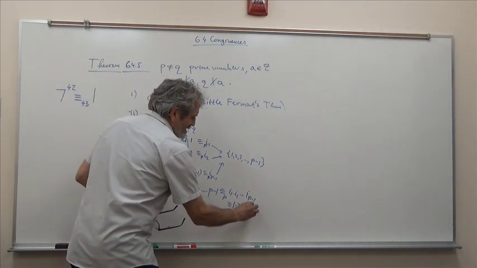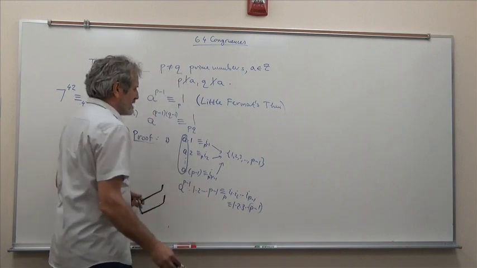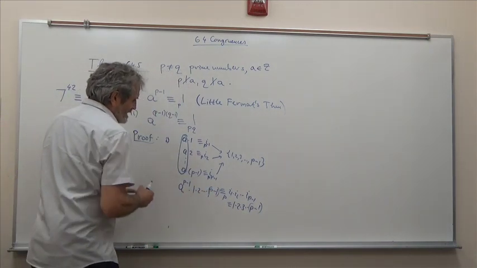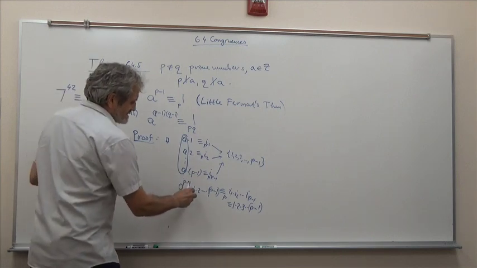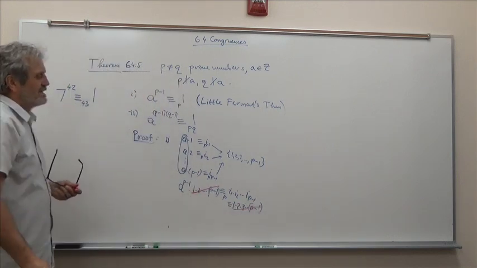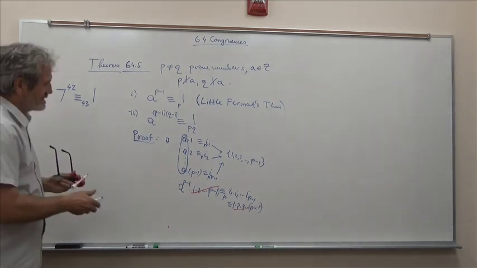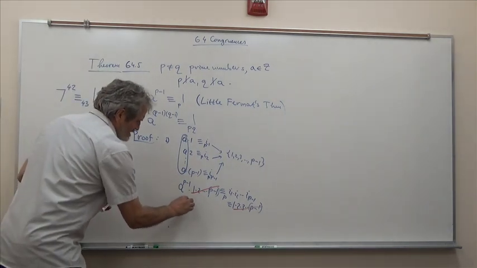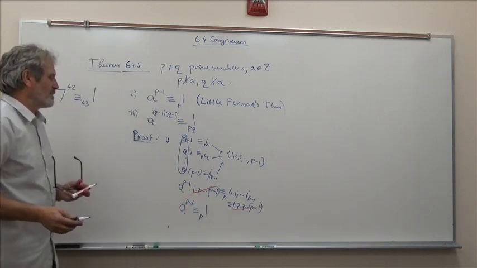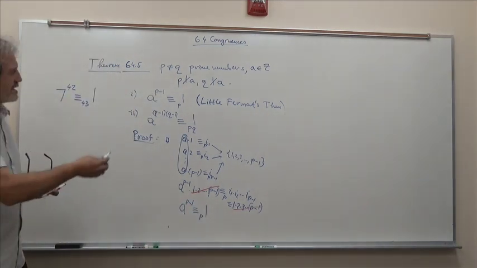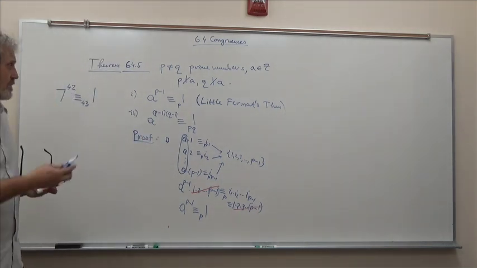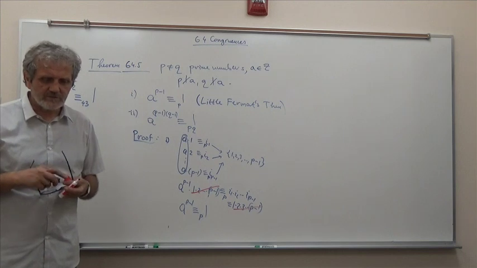They are basically the product of the first p minus 1 numbers. And then what happens if I cancel, and I can cancel congruences if the number is relatively prime to the modulus. I'm using another property that we didn't prove here, but it's easy to prove. We get a to the p minus 1 is congruent with 1 modulo p. And then part 2 is proved in a very similar way, or using the first rule.